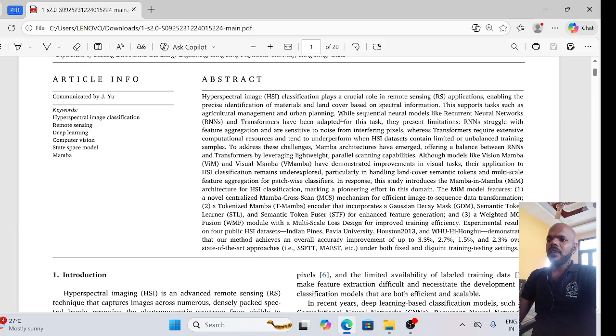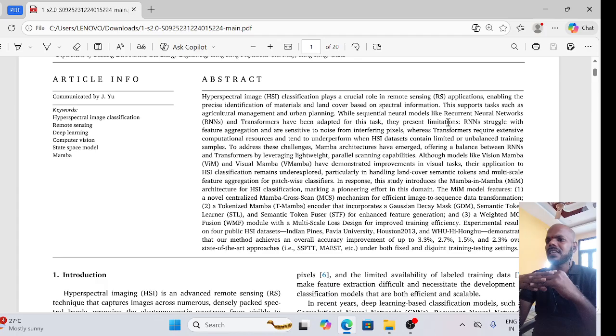Next, sequencing neural models like RNN and transformer have been adapted for this task. That means the first two or three lines give the introduction about the paper. Next, RNN and transformer have been adapted for this task, but they present limitations. Slowly try to understand.